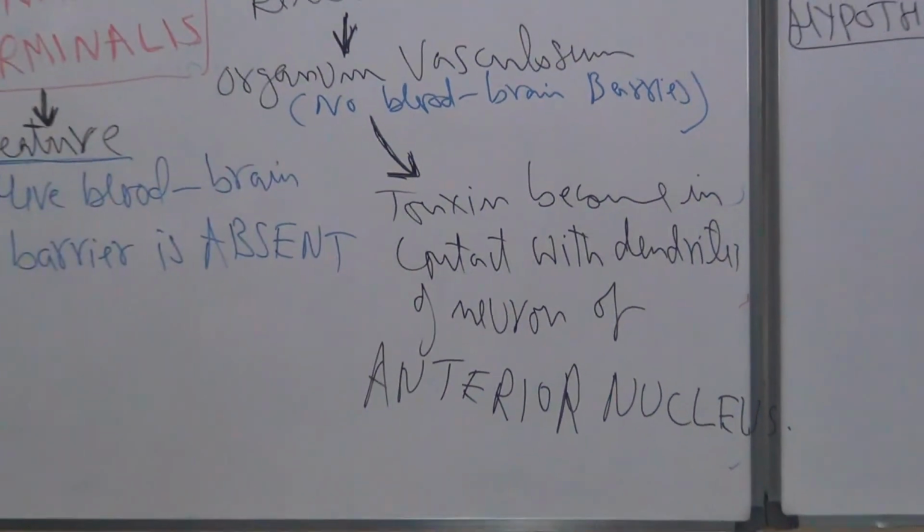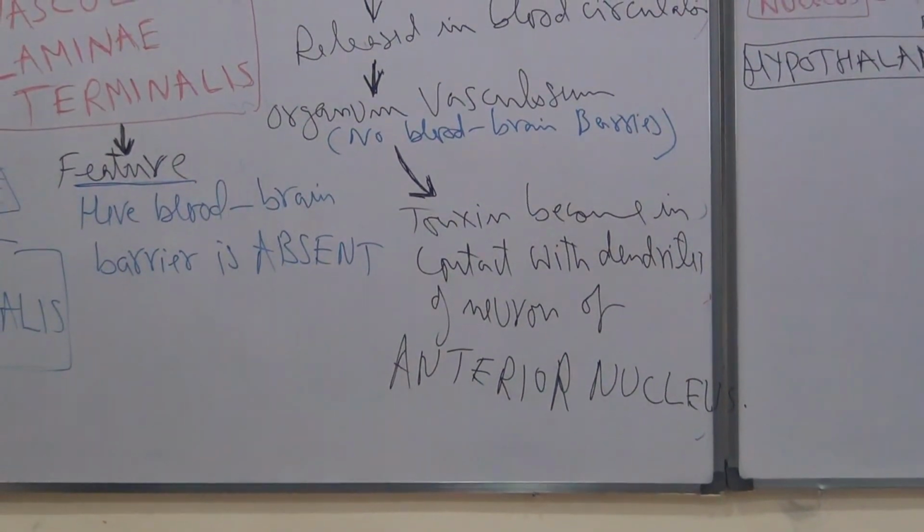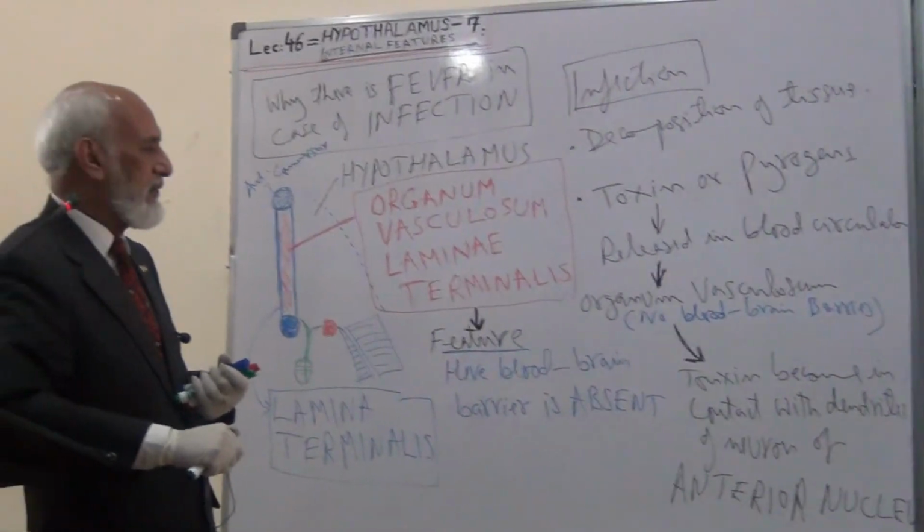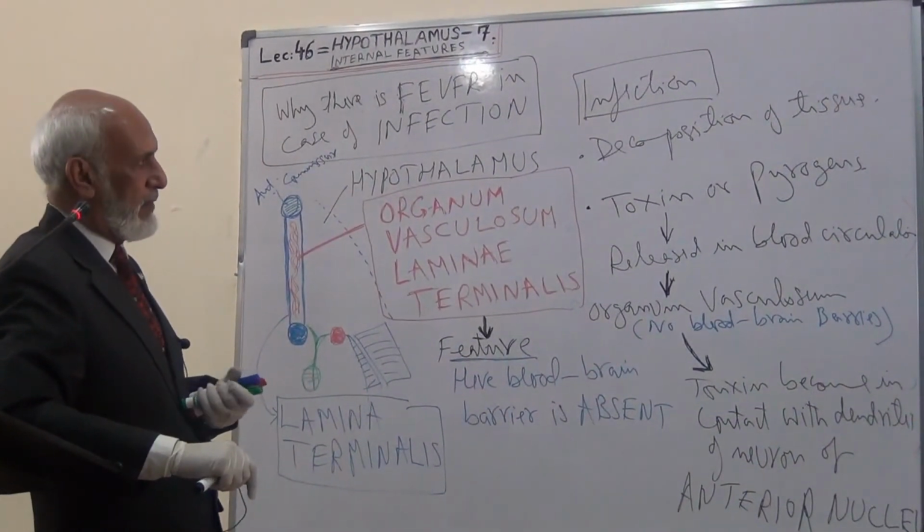These toxins are pyrogens. They become in contact with the dendrites of the neurons of the anterior nucleus of the hypothalamus.